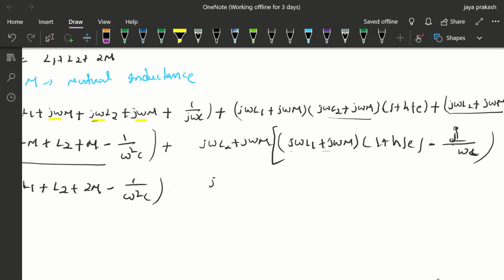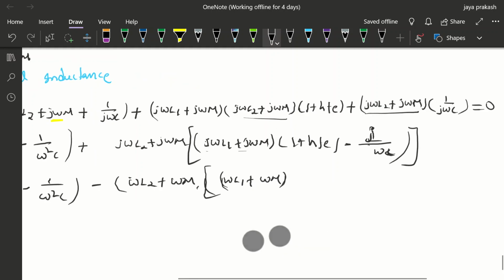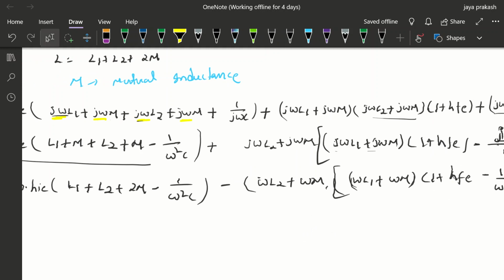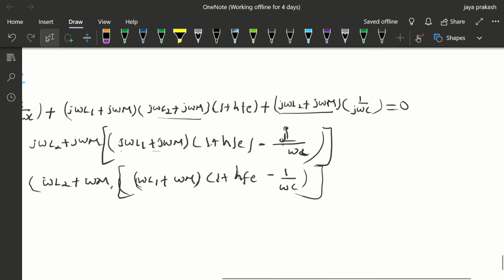So I am writing minus [omega L2 plus omega m into omega L1 plus omega m] into 1 plus HFE minus 1 upon omega c. So this is all, and this is equal to what? 0. Okay, so if I am making equal both the real parts and also imaginary parts.